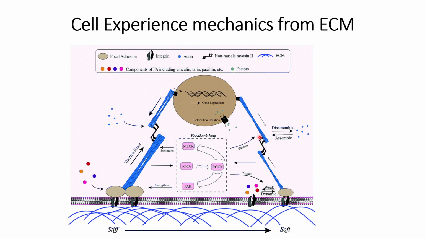That is, it will either help in assembly or disassembly, or it will suppress or upregulate the feedback loop based on the forces received from the soft ECM interactions with these integrins, and that leads to the strength of focal adhesions.